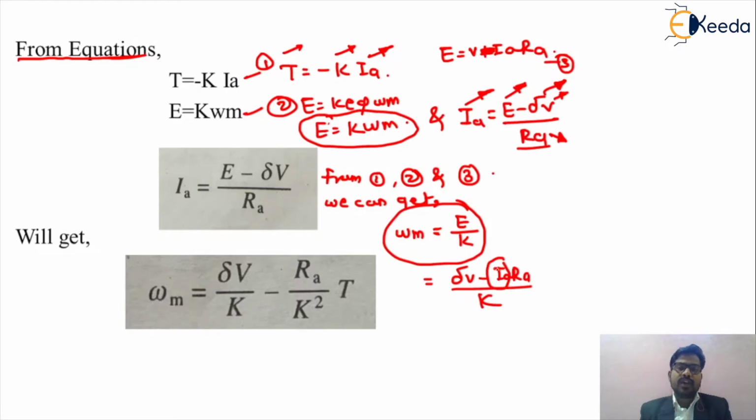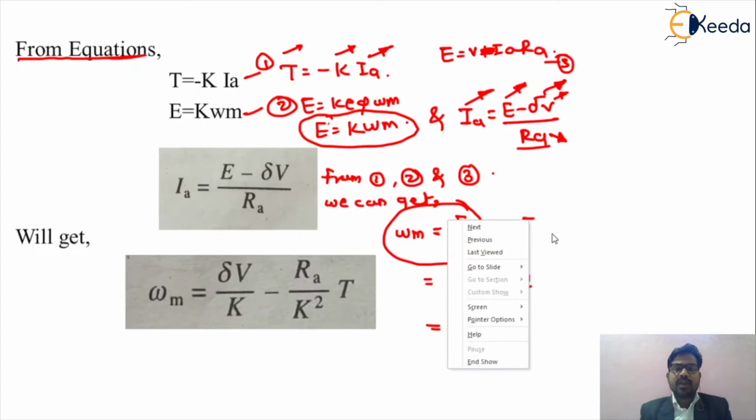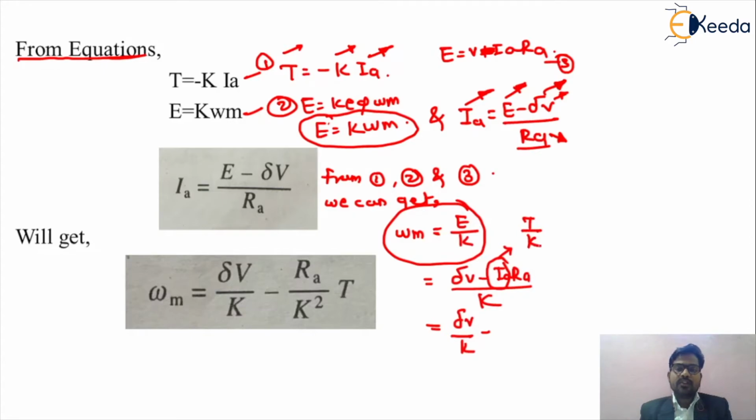Now we can substitute the value of IA into that equation. What should be the value of IA? It is T by K. The value of IA is T by K. Now we substitute this value T by K into that equation, so it will be K square into RA.